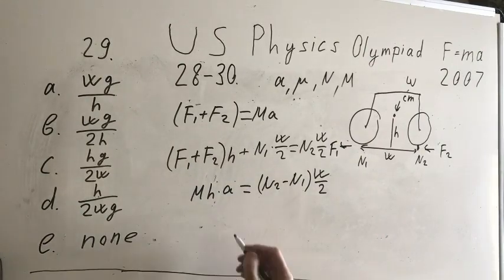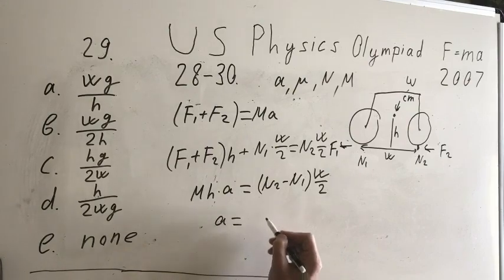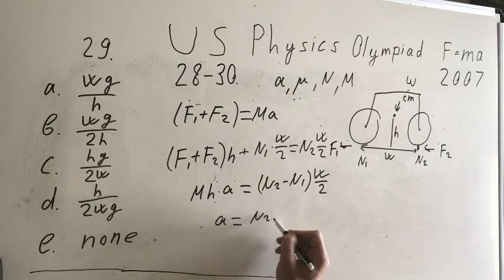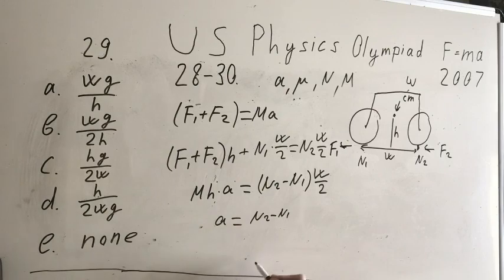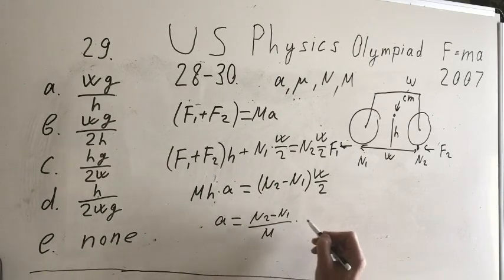And finally we have acceleration A equals N2 minus N1 over M, times W over 2H.